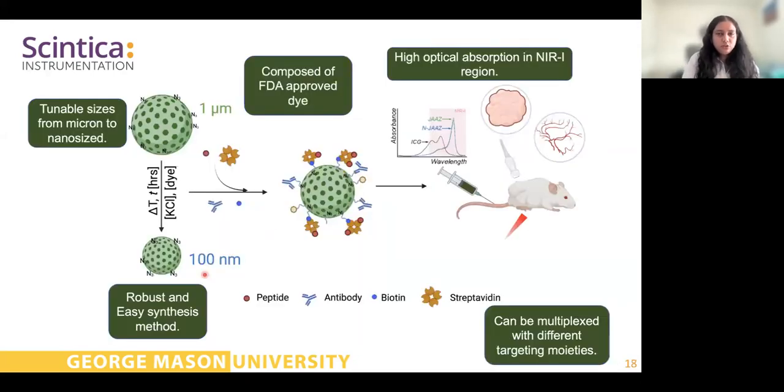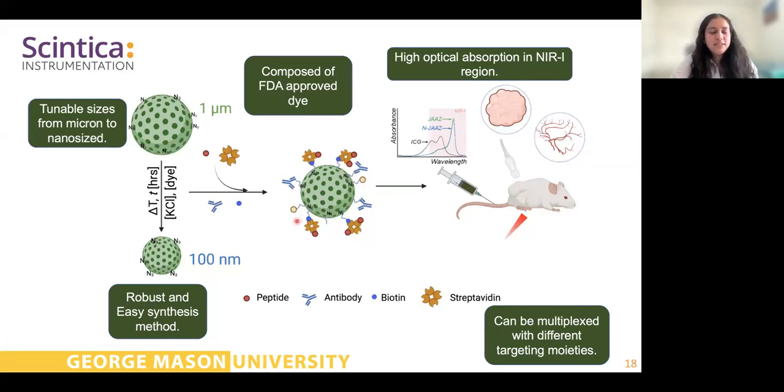So just to conclude, we were able to create a contrast agent that did not require nanocarrier encapsulation for its size tunability. We were able to tune the sizes from the micron size all the way up to the nano size range. This is again a reproducible and a very robust method of making the contrast agent.